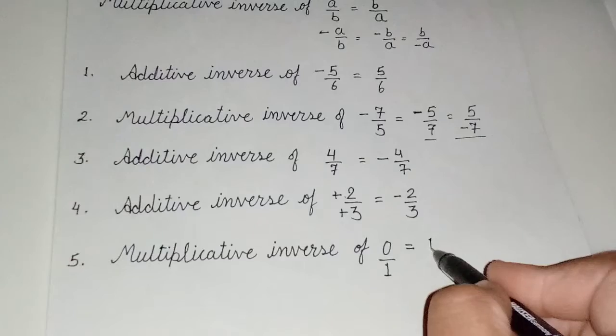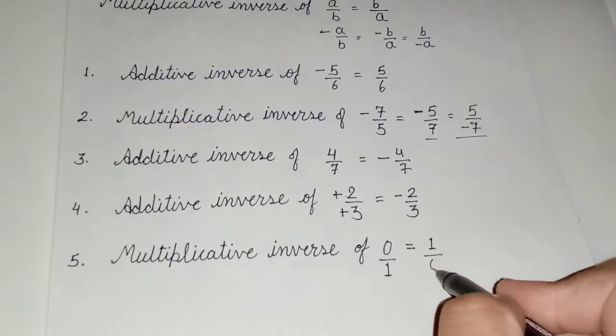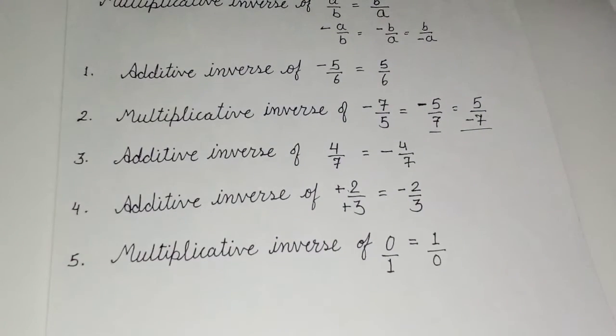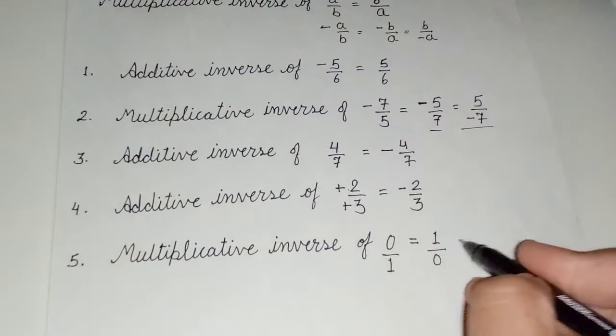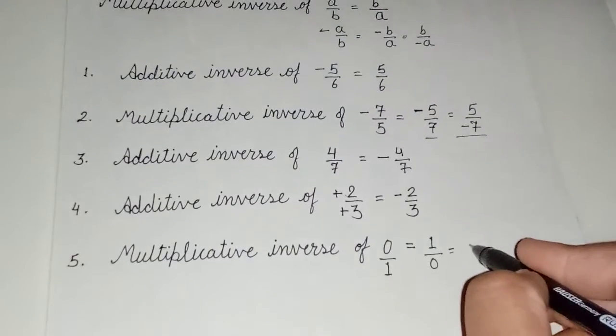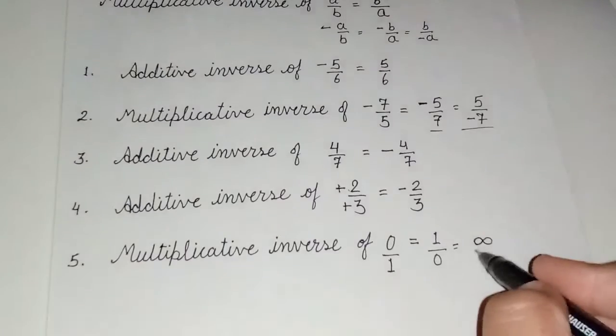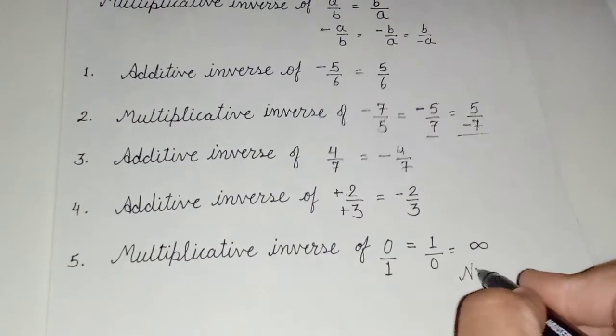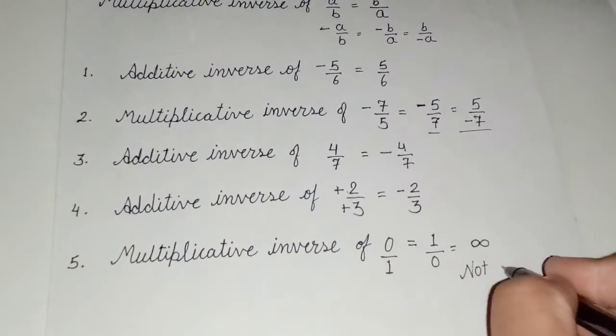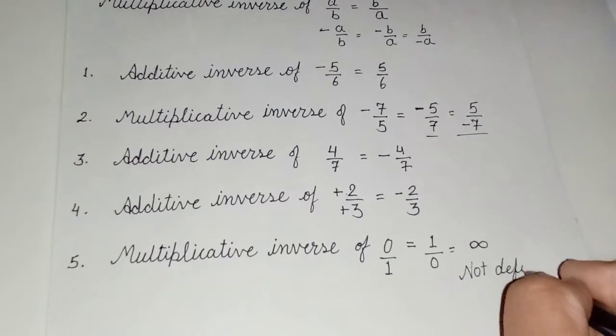So, we will write it as 1 upon 0. And you know very well that 0 cannot be the denominator of any number. What do we call such cases? We represent this by the sign of infinity, which is also called not defined.